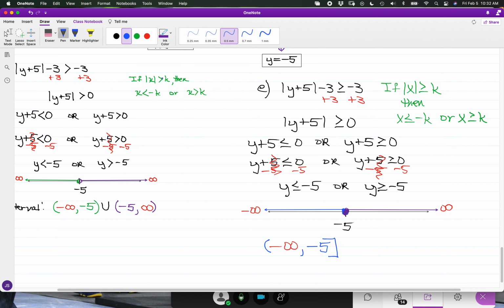Then we have in union, going from and including -5, and we have once again approaching infinity.